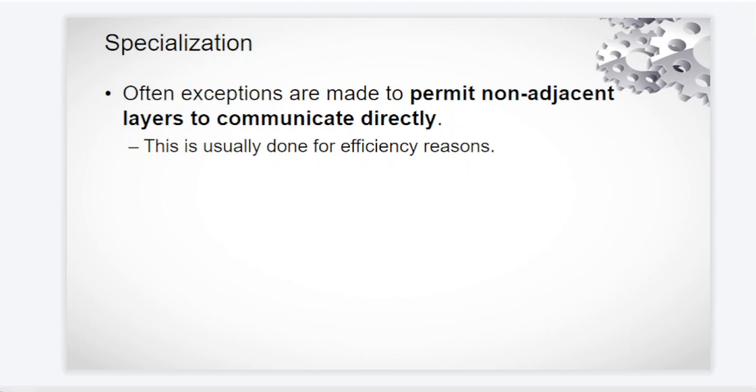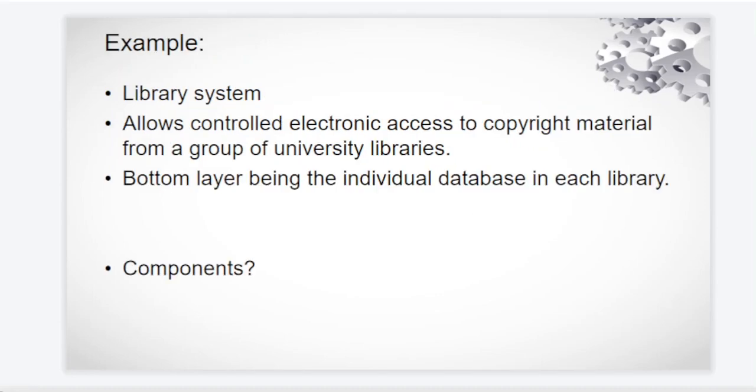Next is the specialization. Often exceptions are made to permit non-adjacent layers to communicate directly. This is usually done for efficiency reasons. Example: a library system allows controlled electronic access to copyright material from a group of university libraries, the bottom layer being the individual database in each library.